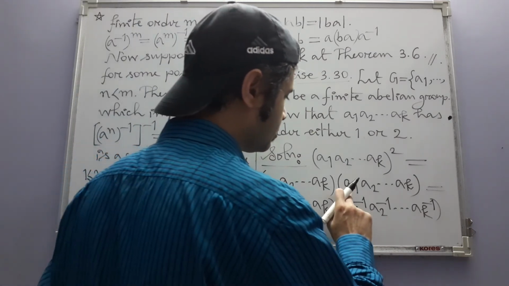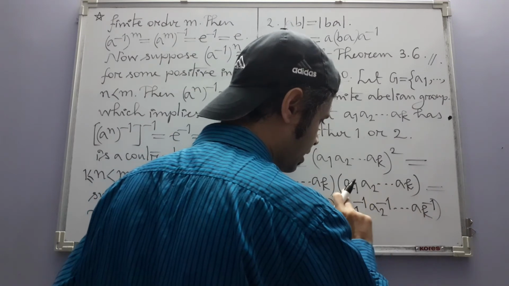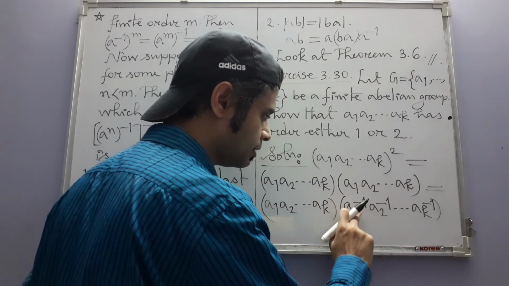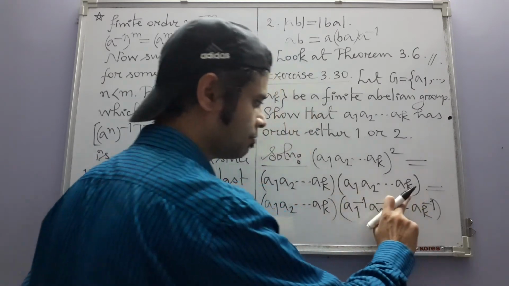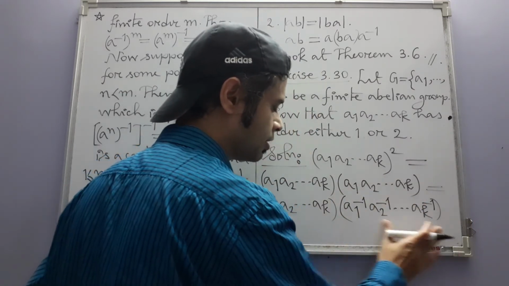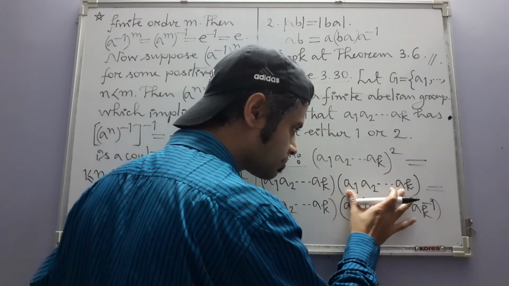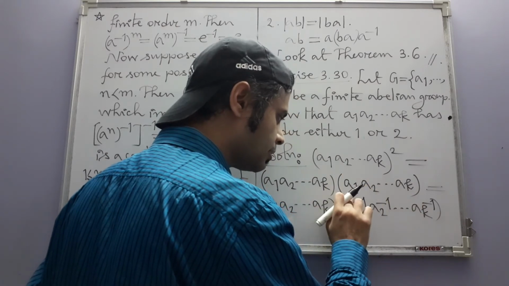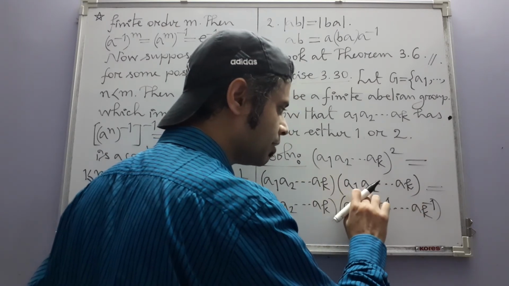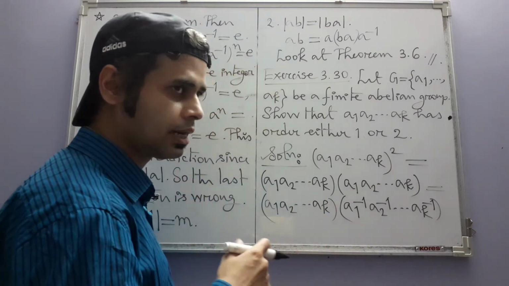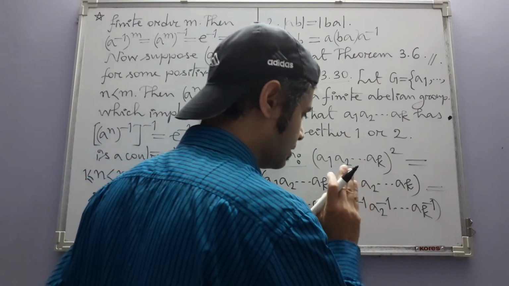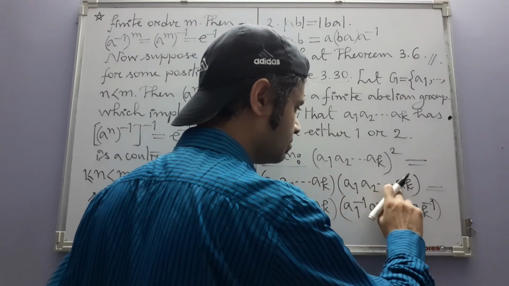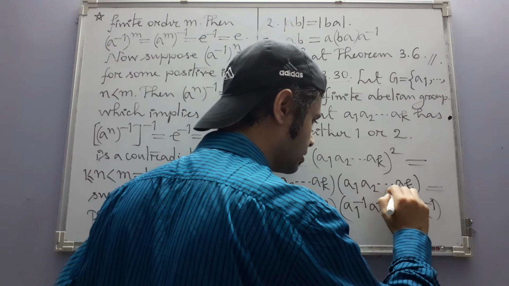The fact that all the elements are actually appearing here tells us that the inverse of A1 is in this product somewhere. In this product, forget about this one for the moment, just concentrate on this product only. The inverse of A1 is here. That A1 inverse may be equal to A1, it may be equal to something else, some other Ai. It does not matter, it is there. So you will find A1 inverse here somewhere.